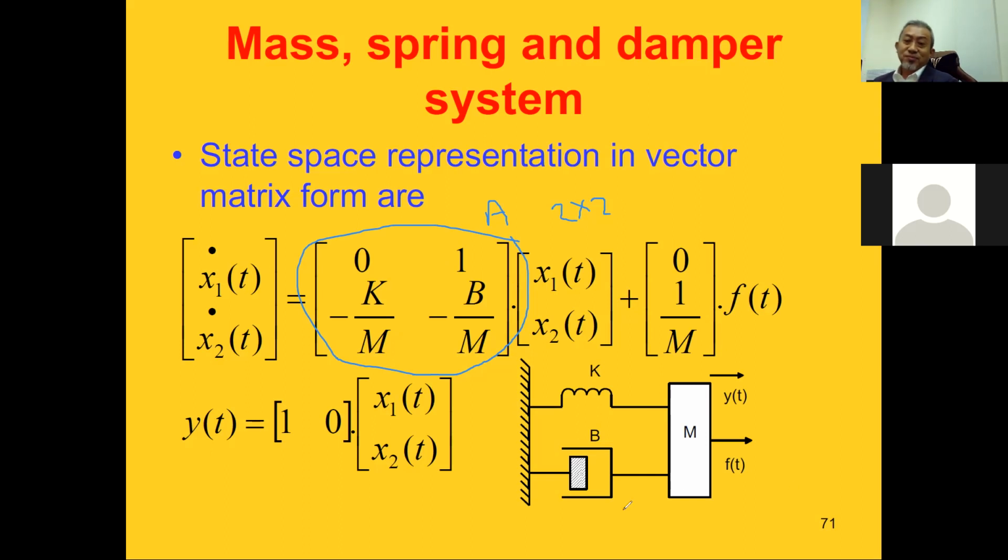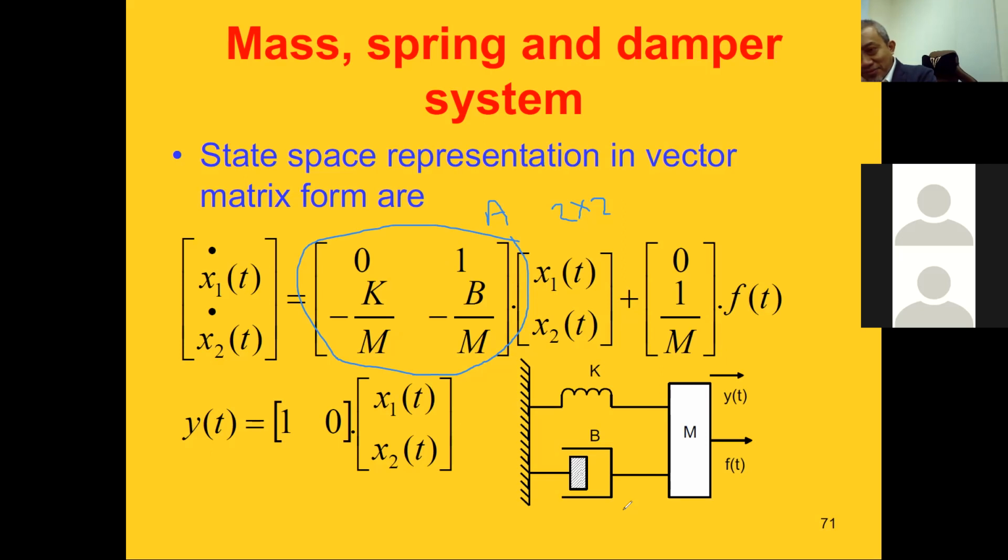Aisyah, same question. If K equal to 1, M equal to 1, B equal to 1, what is the system matrix? 0, 1, negative 1, negative 1.